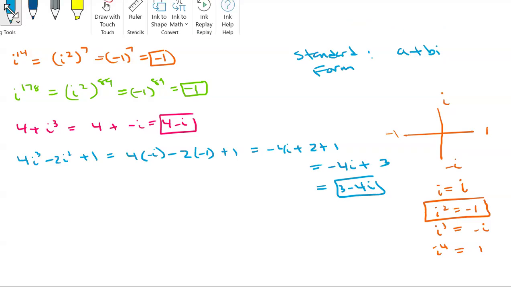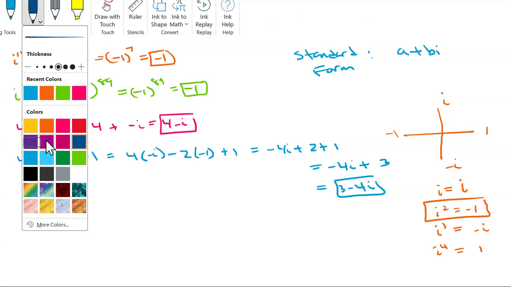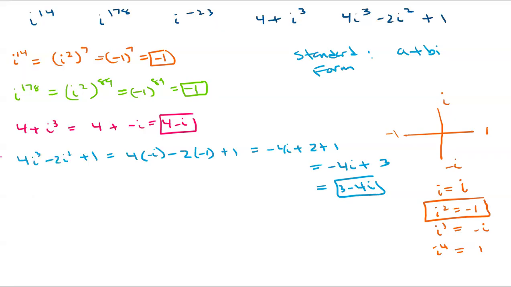All right. So let's look at the last one here. So we have i to the negative 23rd. All right. So we have a rule here that says if you have a to the negative n, you can rewrite it as 1 over a to the n. Okay.